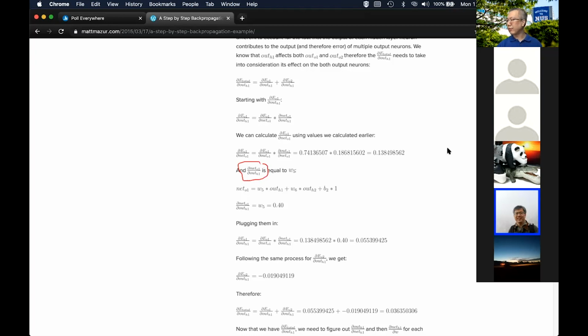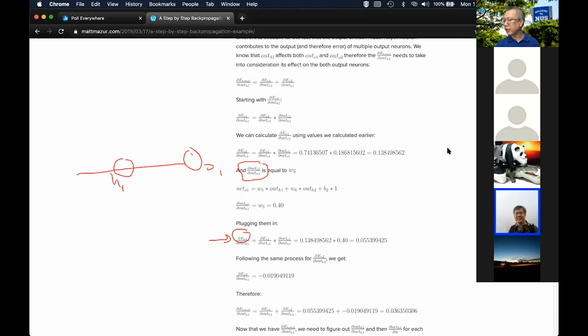So we can plug them in, and then we get how the error at O1 is changing with respect to H1. So this is the top line. Basically for our O1 here, how's it changing with respect to H1? So that's the first part.